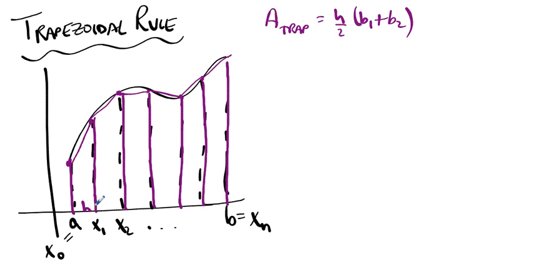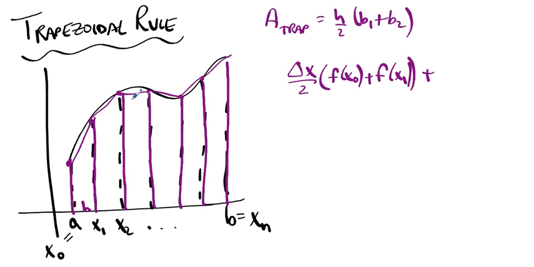So if we keep all of the intervals of equal width, then this trapezoid has an area of whatever the change in x is over 2 times this height plus that height. Well, this height is a function value at x0, and this height is a function value at x1.